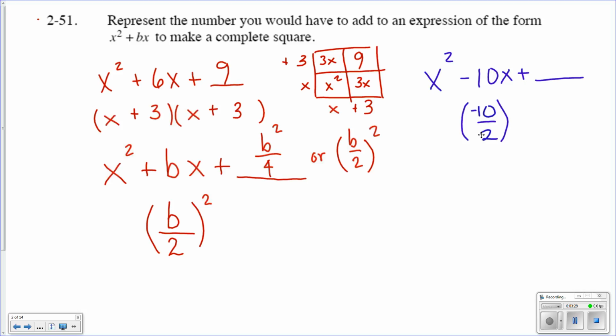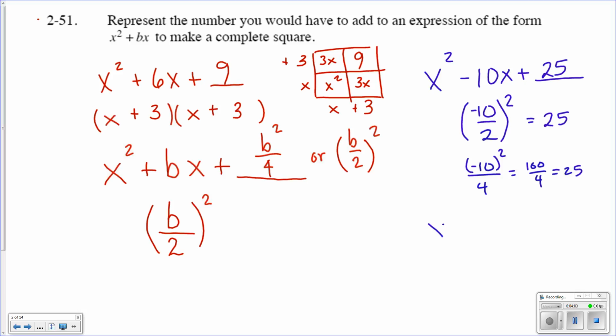When we square that, we get 25. So we're going to be adding 25 into here. That's the same thing as saying negative 10 squared divided by 4. Negative 10 squared is 100, divided by 4, which is 25 also.